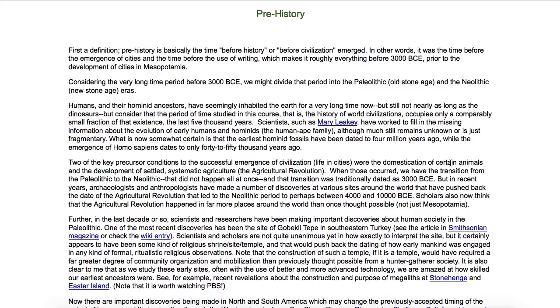And then further, we can subdivide the prehistoric period into the Paleolithic and Neolithic periods. Paleolithic being the Old Stone Age, and then Neolithic being the New Stone Age, when new tools and metals began to be used as tools. But the Paleolithic, the Old Stone Age, is really the age of primarily stone tools.